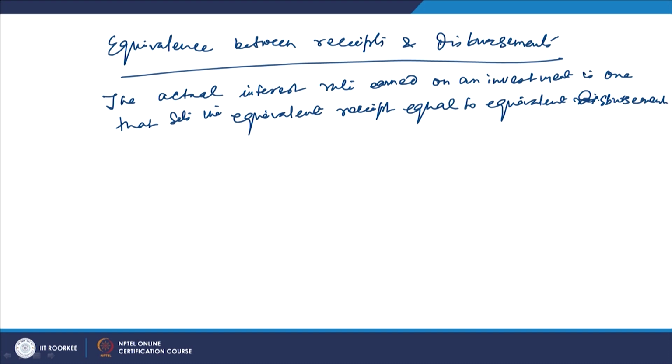So the principle is that if you have some cash flow and the actual interest rate earned, that will be the particular interest rate because of which whatever receipts you have at different times, receipts we normally represent as positive quantities and disbursements as negative quantities. Whatever receipts you have, their equivalent value will be the same as the equivalent value of all the disbursements.